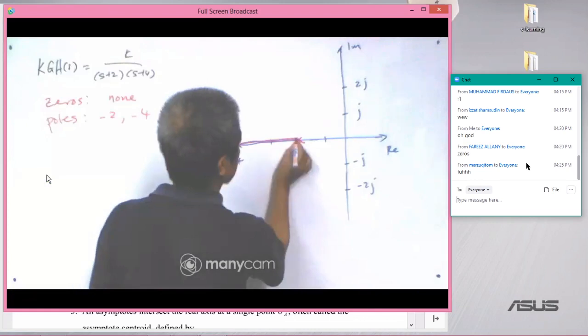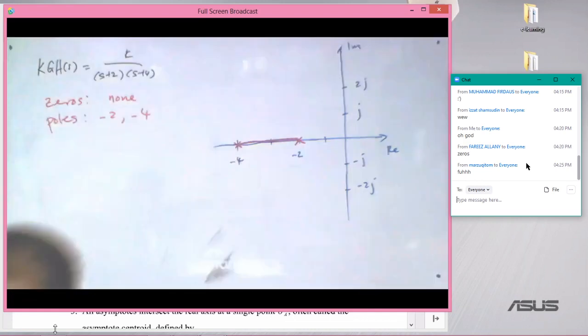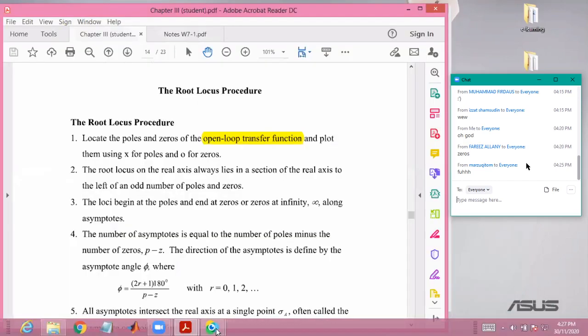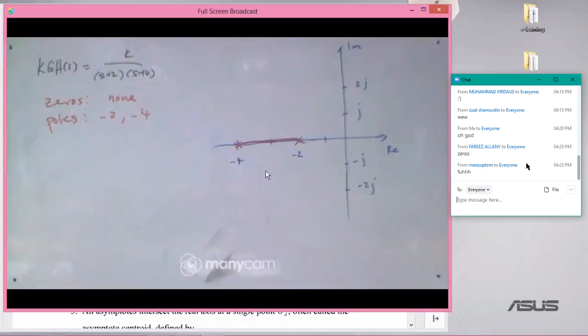By rule number 2, that section of the real axis is going to have our locus. That's the second step. There's nothing to it, nothing to worry about.